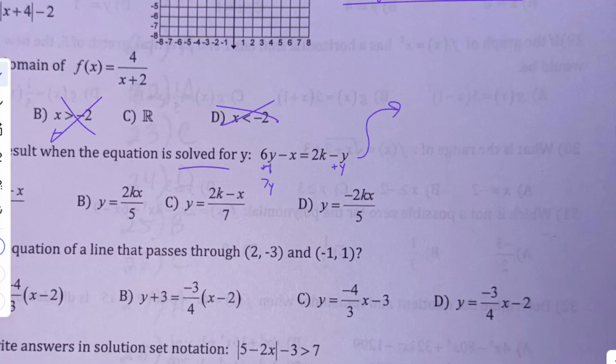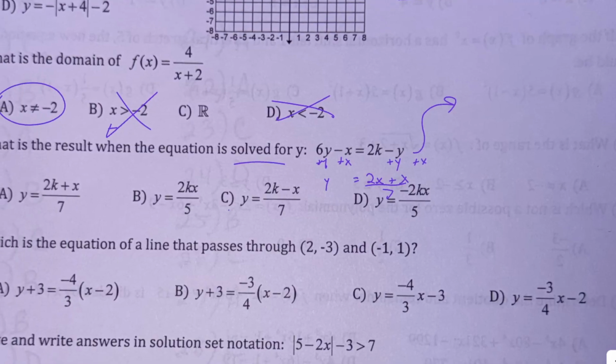So 7y. I'm trying to go quick. Then you know what? I'm going to add x to both sides also. All right. So then just divide by 7. So I'll just erase that. Put it over 7. And that looks like the closest. But A is the one.